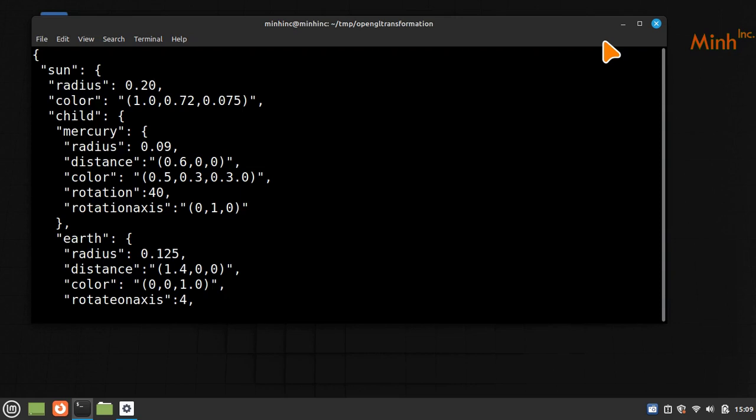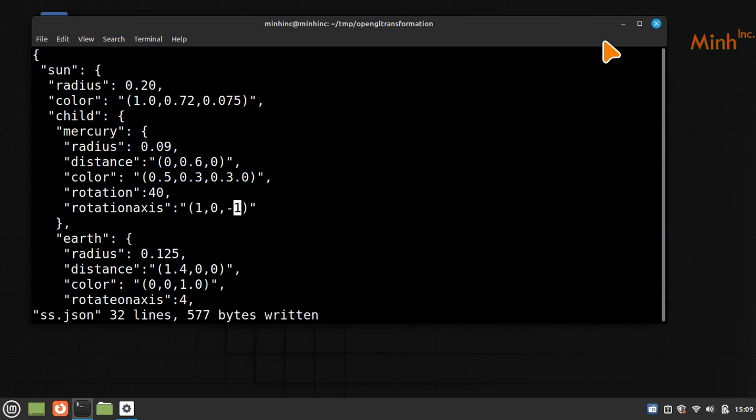I have made x, so distance is the same 0.6 but in the y direction, and rotation axis 1, 0, -1.